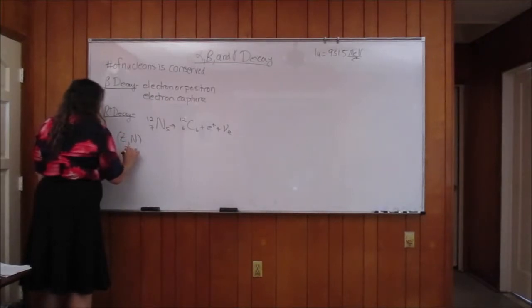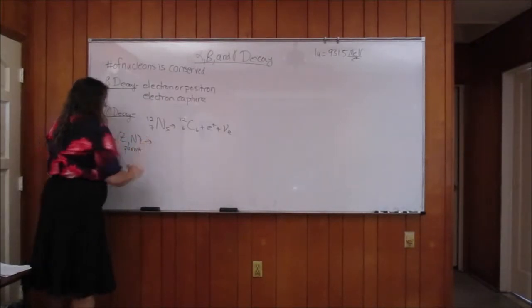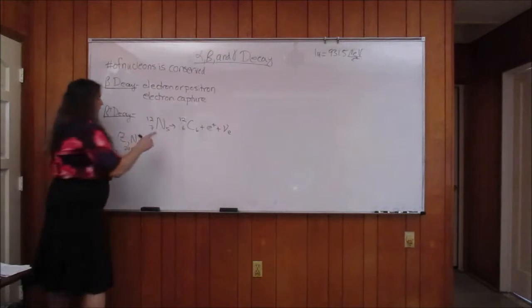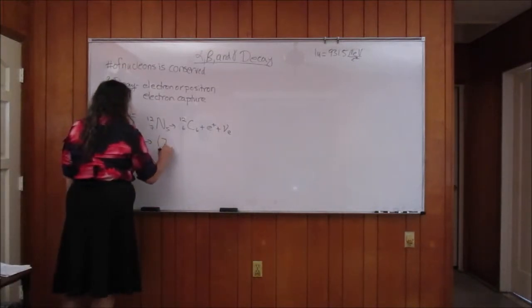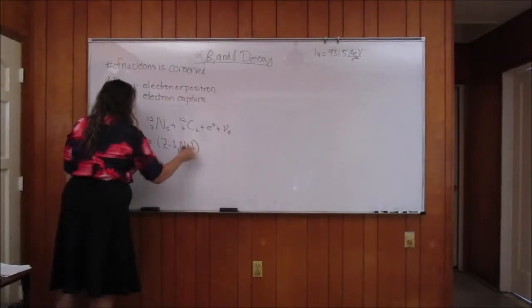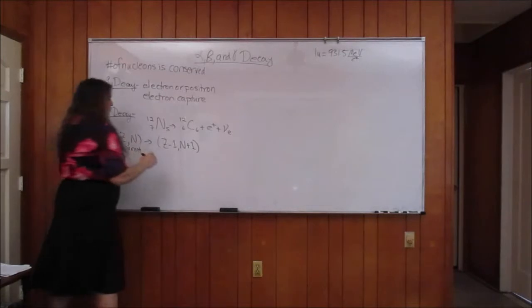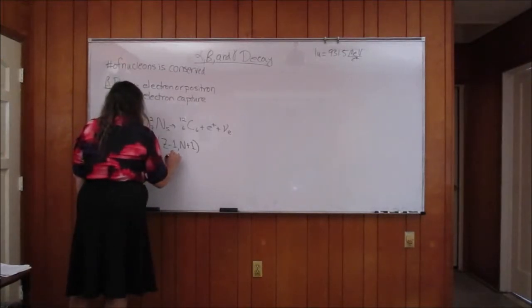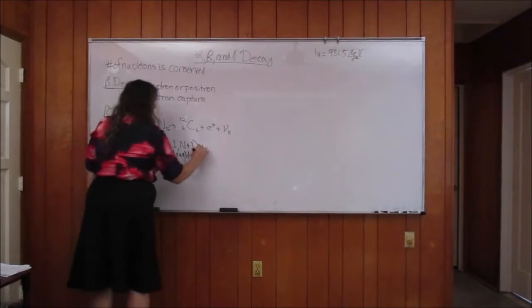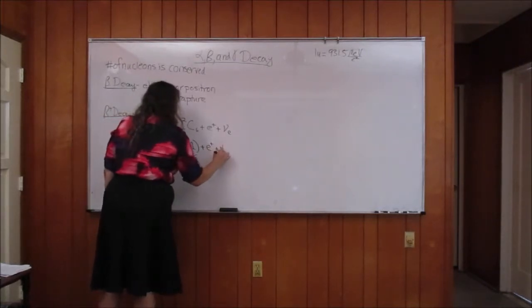So this is the parent, with Z protons and N neutrons, decays into a daughter nucleus with one fewer proton and one more neutron, plus the positron plus the neutrino.